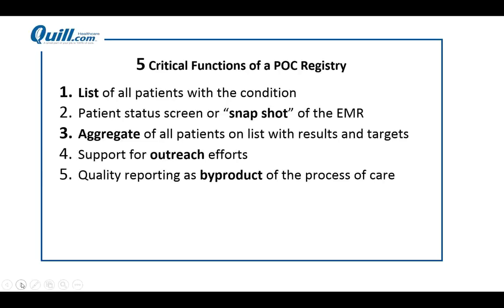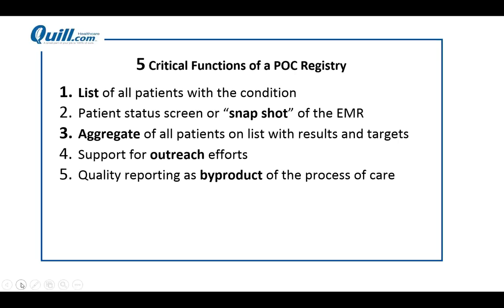I want to talk a little bit about registries, and I've just got a couple of slides, but I think it's such a critical tool, and I'll use the example of asthma, for instance. And the registry, or a point-of-care registry, has to have at least a list of all the people who come to your office who have asthma.